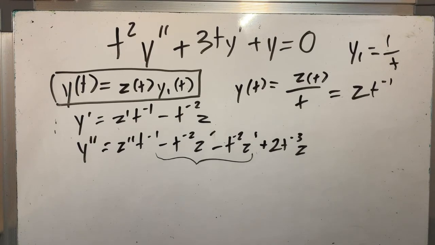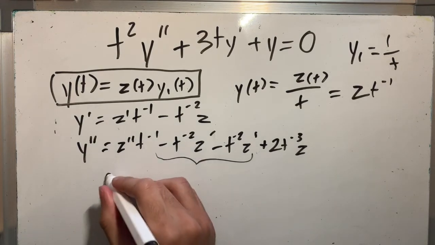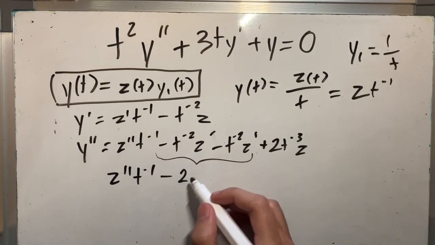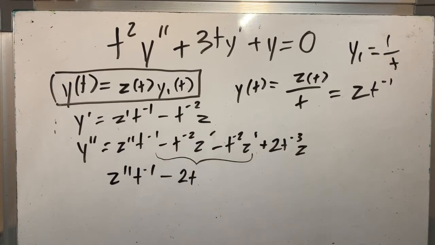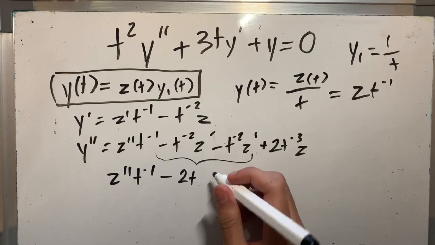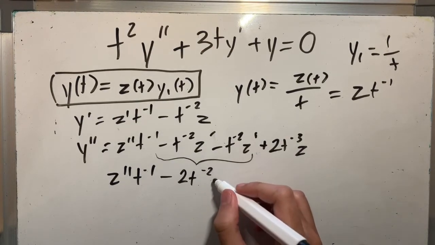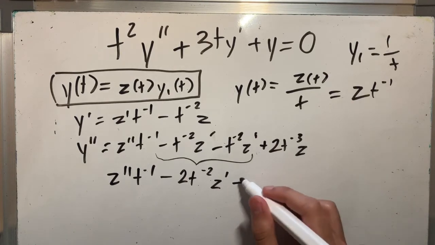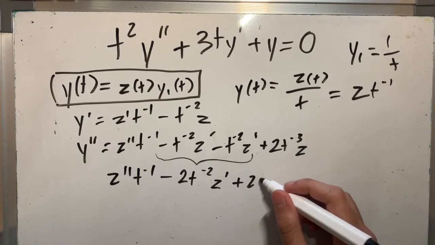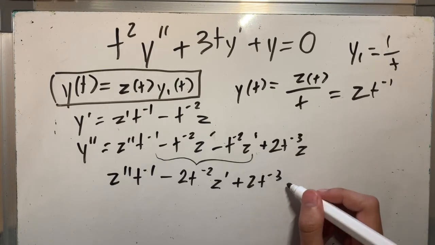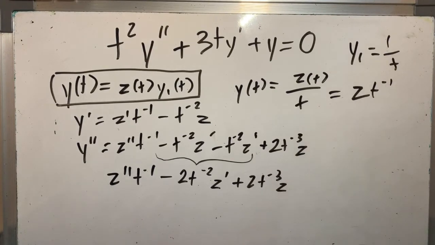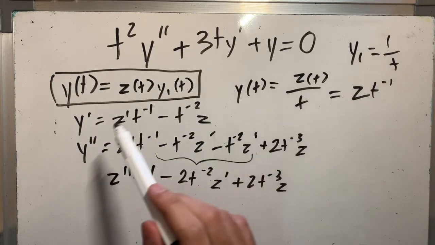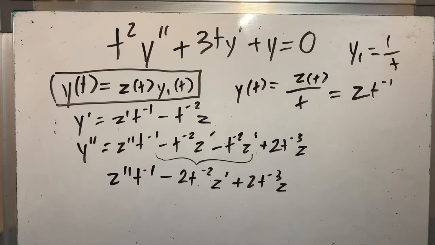So let's get started on that. We have z double dash t to the negative 1 minus 2t to the negative 2 z dash plus 2t to the negative 3 z. So we found y, y dash and y double dash.